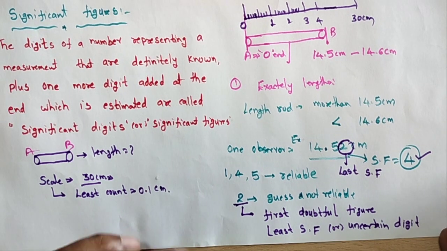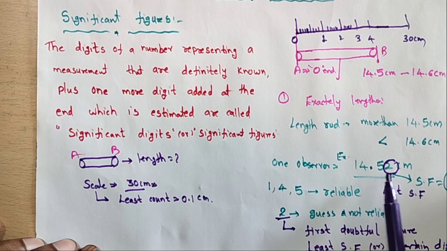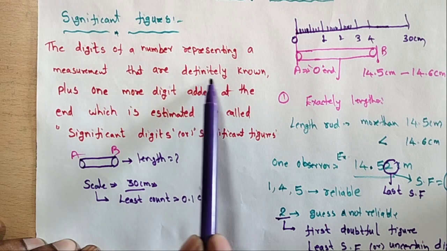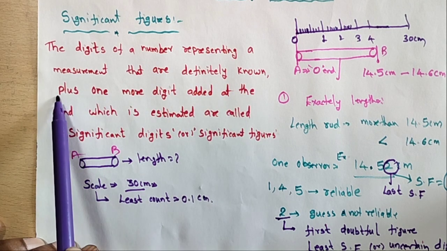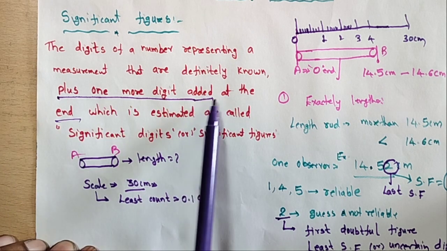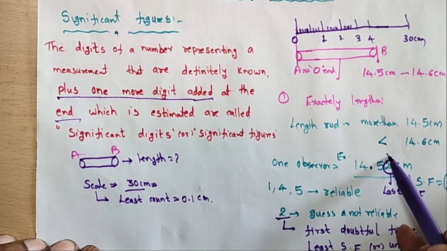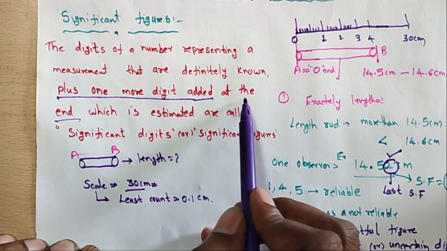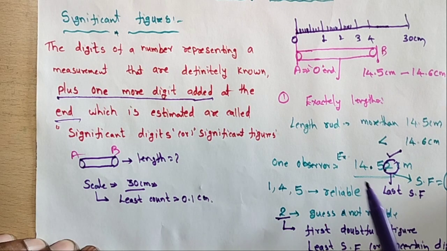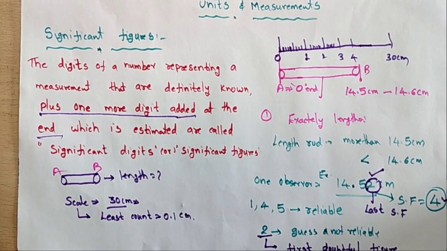So the last significant figure is called the guess number, first doubtful figure, least significant figure or uncertain digit. Now the definition: the digits of a number like 14.52 representing a measurement that are definitely known, plus one more digit added at the end, which is estimated, are called significant digits. In this example, the 2 is the one more digit added. The complete figures are called significant figures.